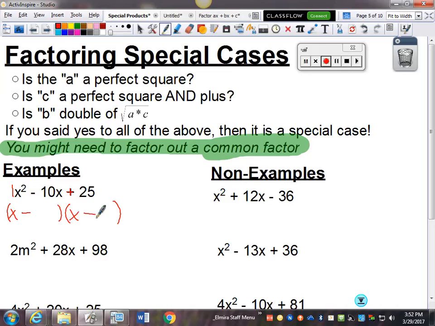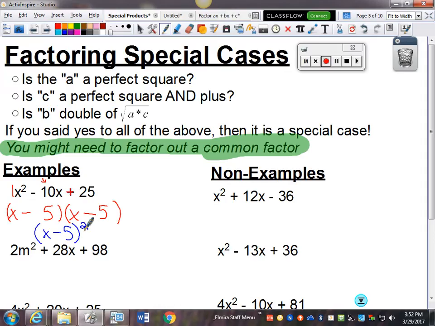Minus means they're both minus. 5 and 5. And what I'm just paying attention to is if I do this, will I get 10 in the middle? In other words, 5 times 1 is 5, double it to 10, which I do. And then as a final answer, you want to write it as x minus 5 squared.